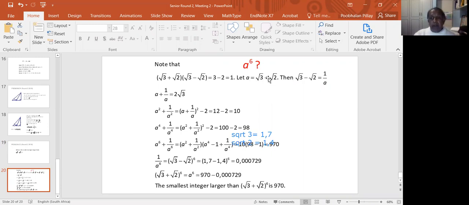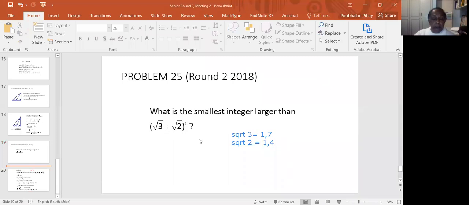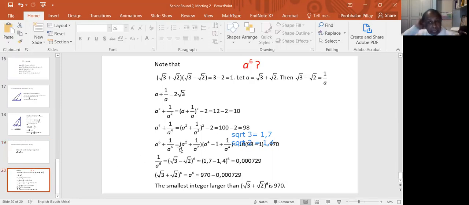And then the problem is to find A to the power of 6. Don't lose sight of the goal. The goal is to find the 6th power of this quantity here, which is A. Now you can have some very nice algebra here, and I'm going to show you what you can do.